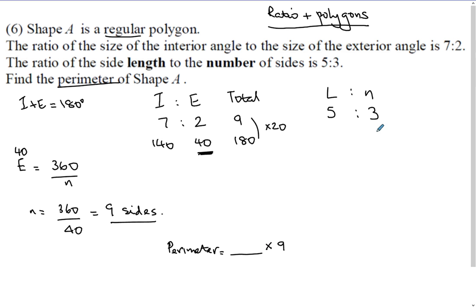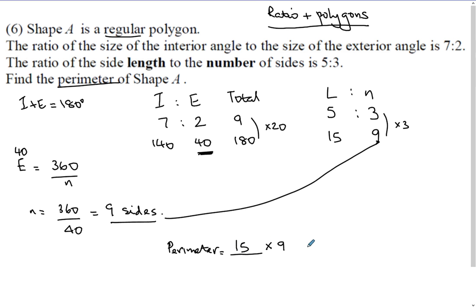Okay, so you've got 9 there being the number of sides. So you've multiplied that by 3, and you get 15. So that means the length of one side is 15. It doesn't say centimeters, so we'll just keep it as 15. And then you put it in there.